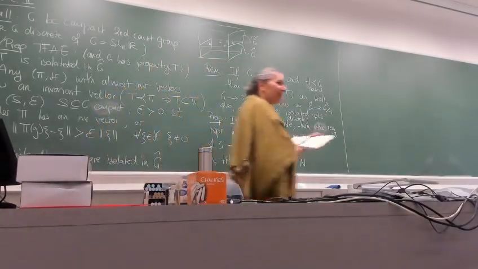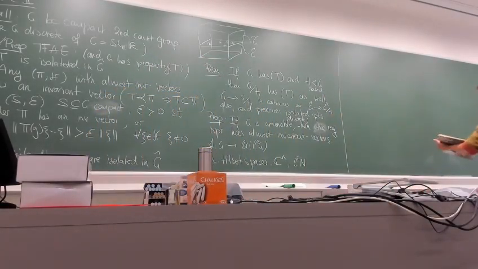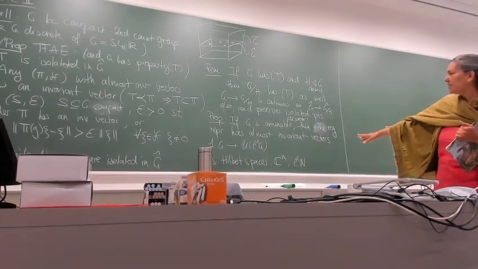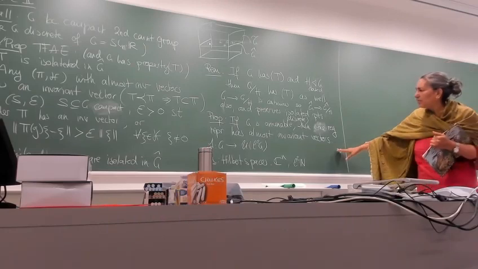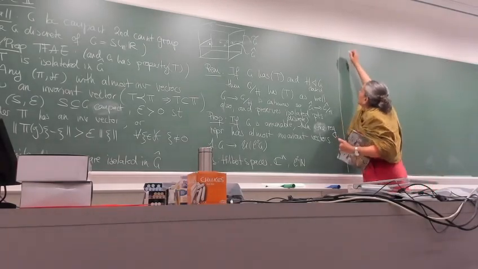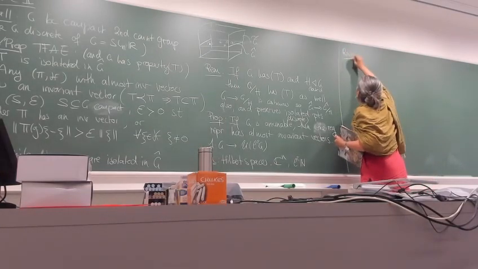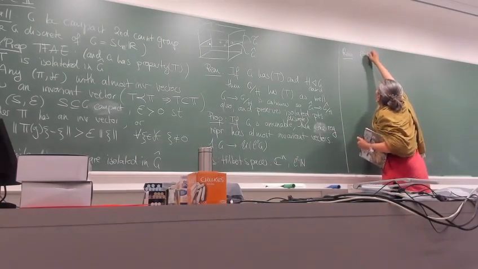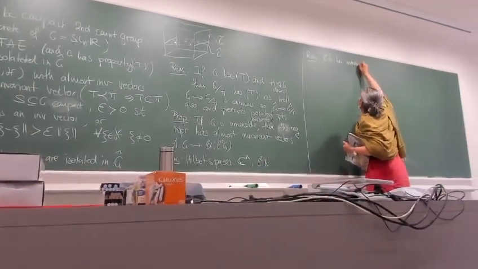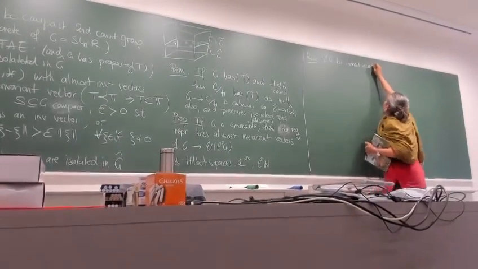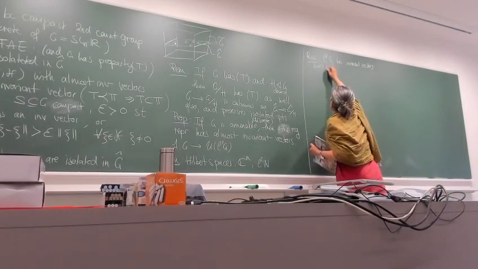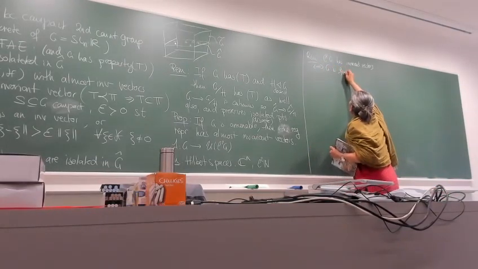So that was my Hilbert space comments, and this proposition says if you're amenable, then you have almost invariant vectors. And the other comment is that L2G has invariant vectors, which is a comment I already made yesterday, if and only if G is finite.